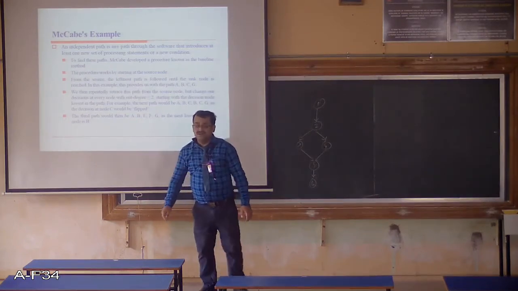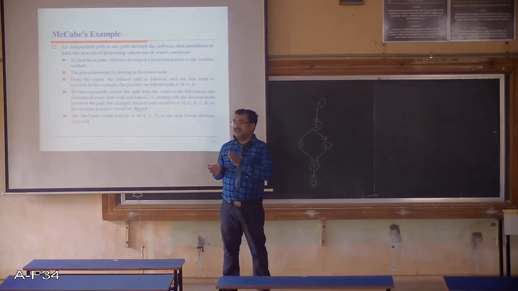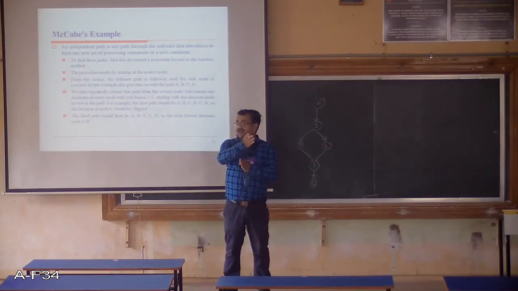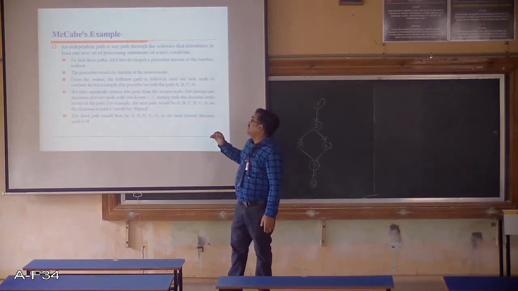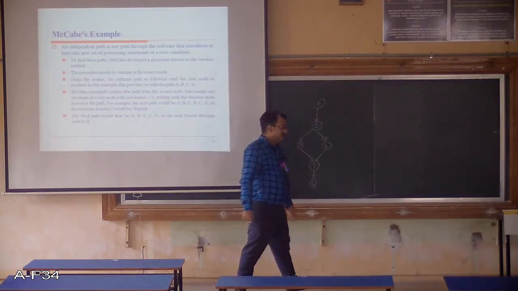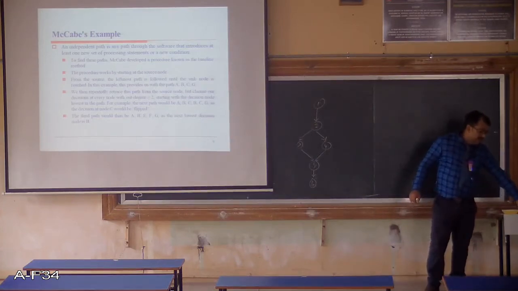So what he proposed is that you should start with the leftmost path to develop the path which goes from the source to the sink. He preferred that the leftmost path should always be traversed first.